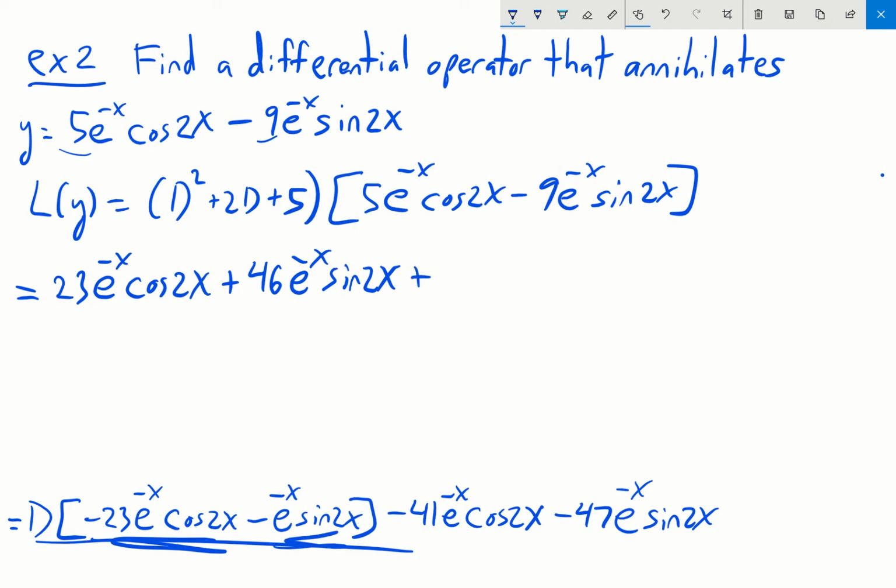We're going to get a plus e to the negative x sine of 2x, and then a minus 2 e to the negative x cosine 2x.